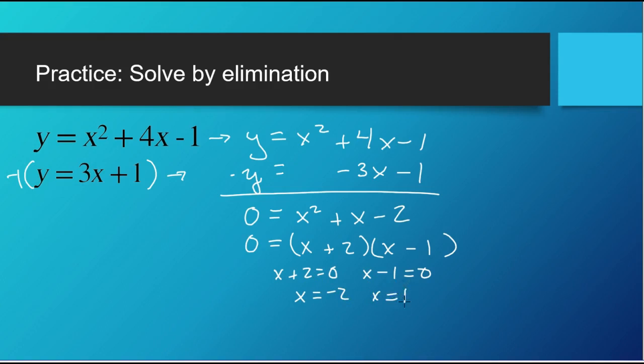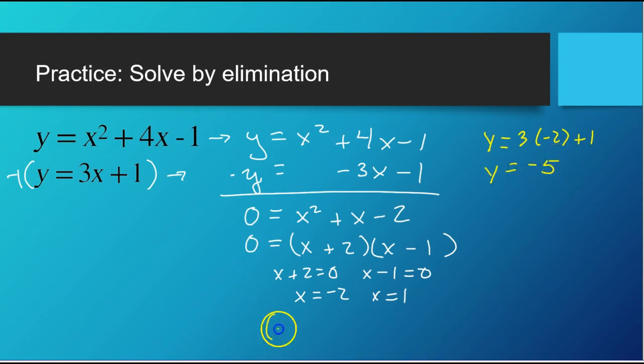And now, just like we did in the substitution method, we're going to substitute those values into either one of the two equations. We've already used both equations, so we're good, and get our y values. So I'm going to use the linear equation. Y equals 3 times -2 plus 1. And so y equals -6 plus 1, which is -5.